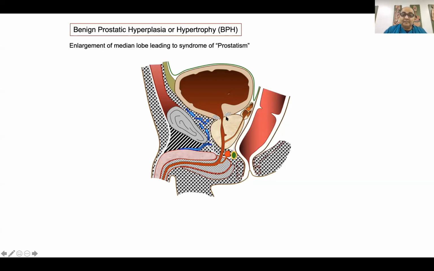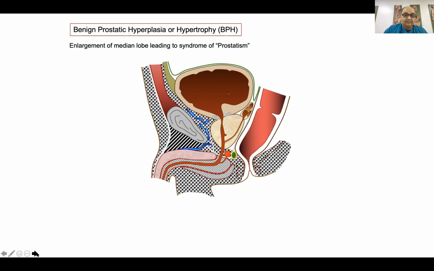So this is an enlargement of part of the transitional zone which has popped into the lumen because the prostate has grown big. At birth it's peanut size, and when it enlarges it's like the size of an orange. It goes that big. In an extreme situation, I remember I removed one the size of a grapefruit. That's a disaster.